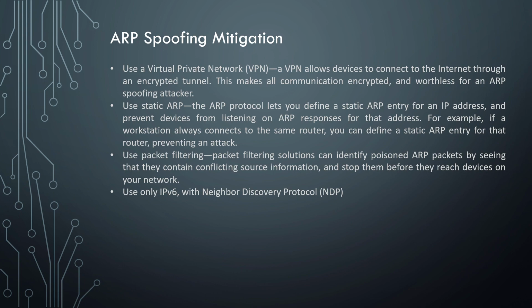Another one is we can use IP version 6. By default, it uses the Network Discovery Protocol, which is more secure since it uses cryptographic keys in establishing the IP address to machine address translation.